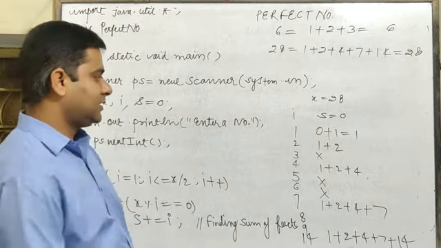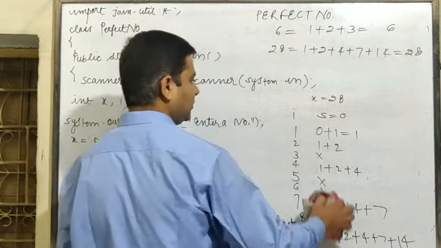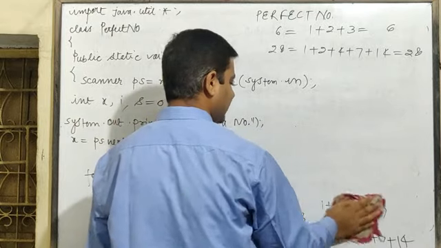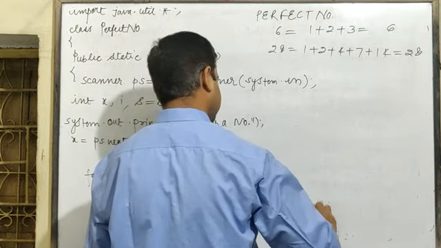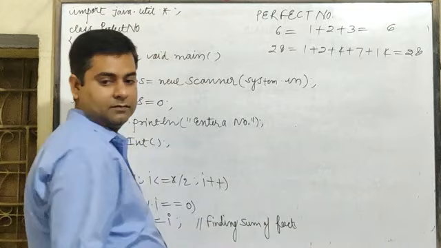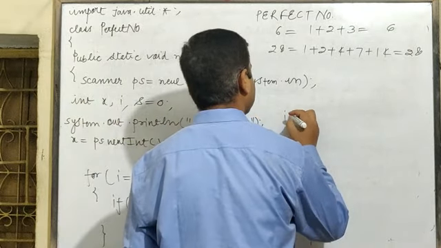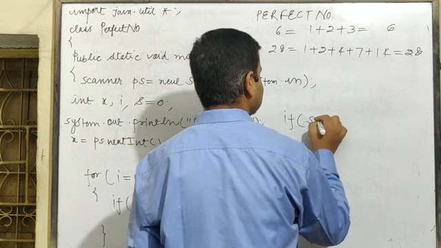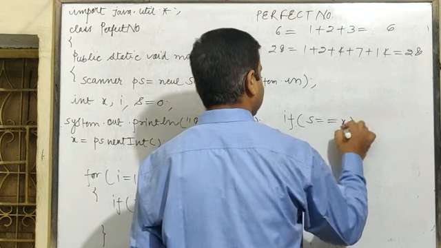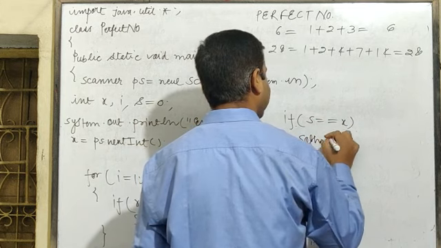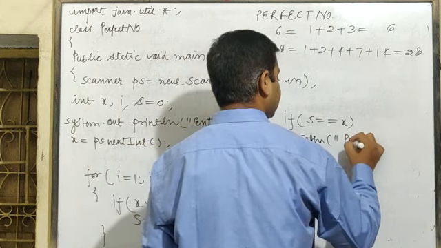So here we will write the condition of an if-else statement. If s equals to x, we will write System.out.println, in short form I am writing, it is a perfect number.